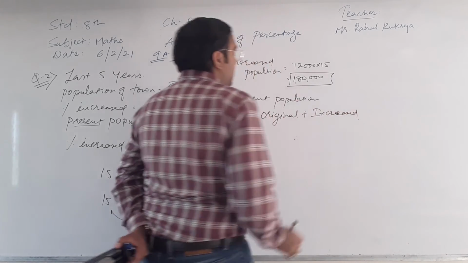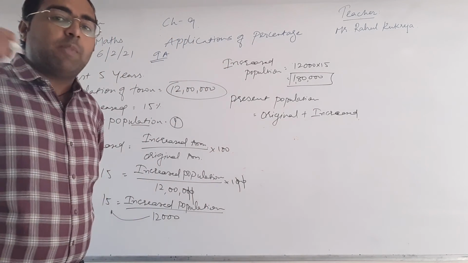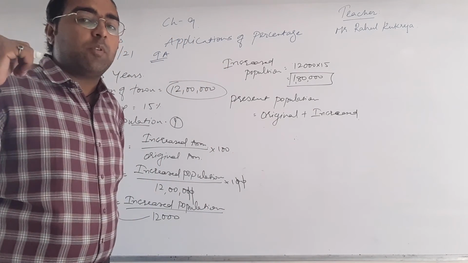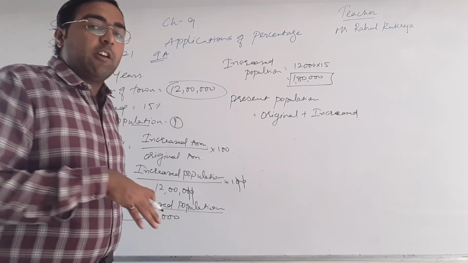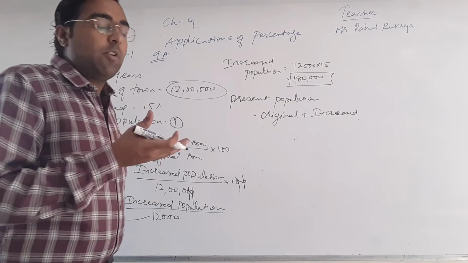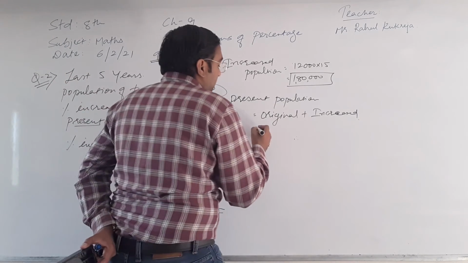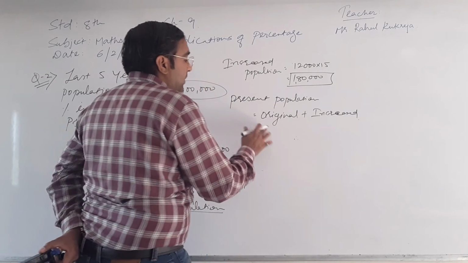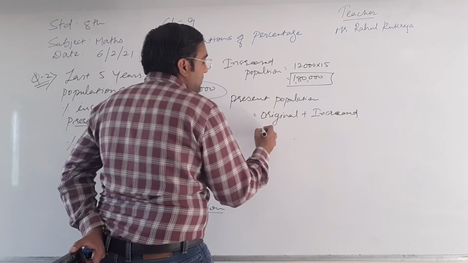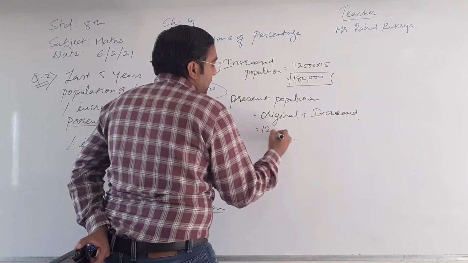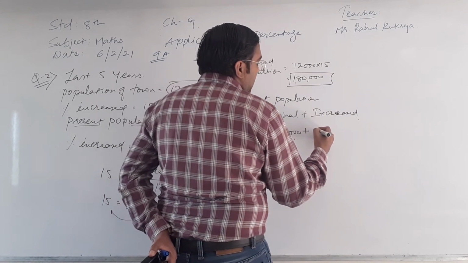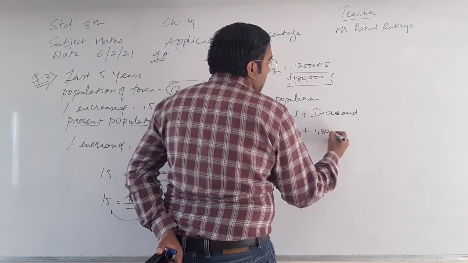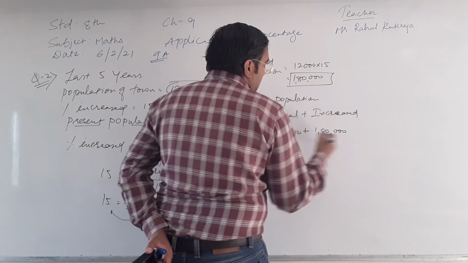How do I find the present population? From last year's population and now this year's population, that will be the increased population. So we are finding the present population. Okay. So original population was 12 lakh, and increased population will be 1,80,000.